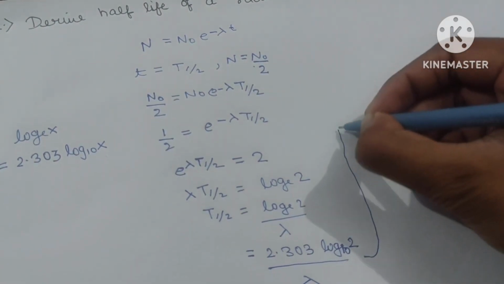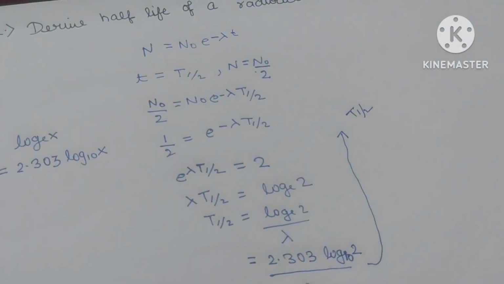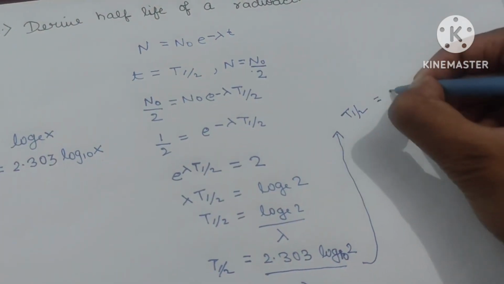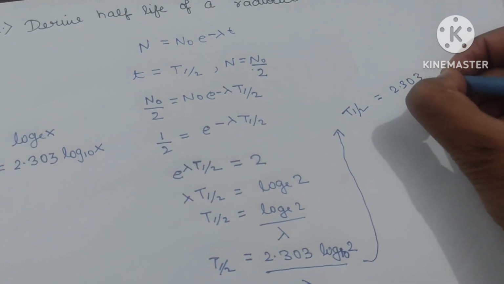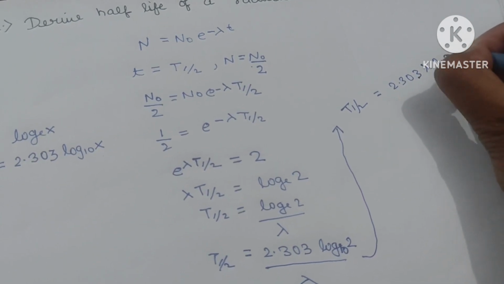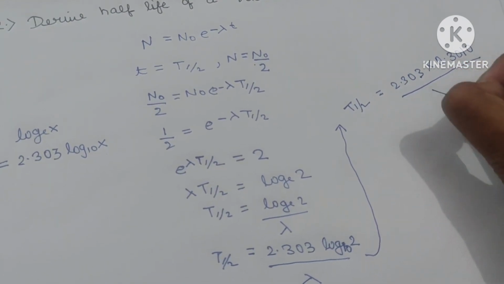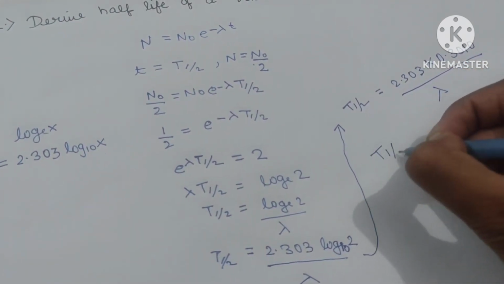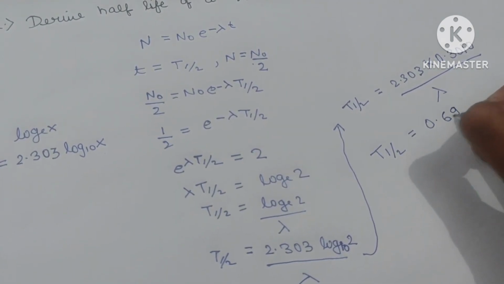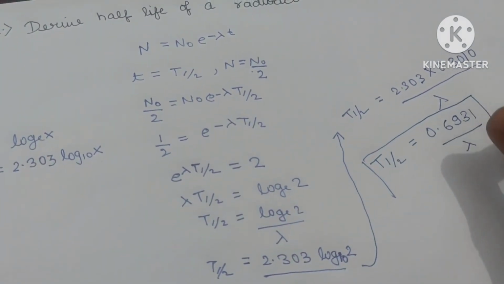So we'll take this equation from here, and t half is equal to 2.303 log 2. What is the value of log 2? If the base is 10, then its value is 0.3010, divided by lambda. When we solve, it becomes 0.6931 by lambda.